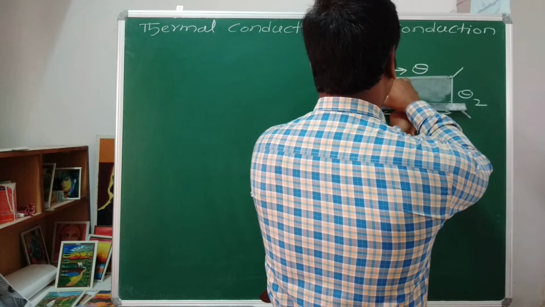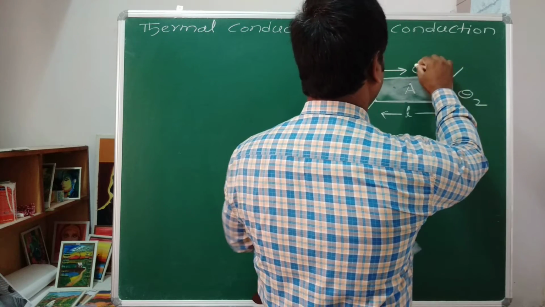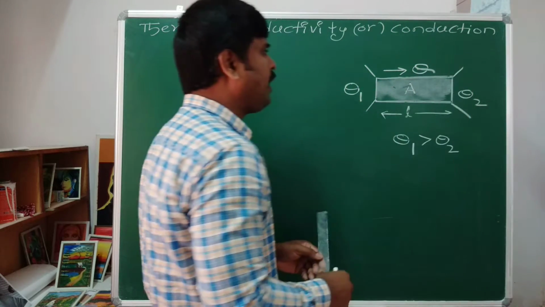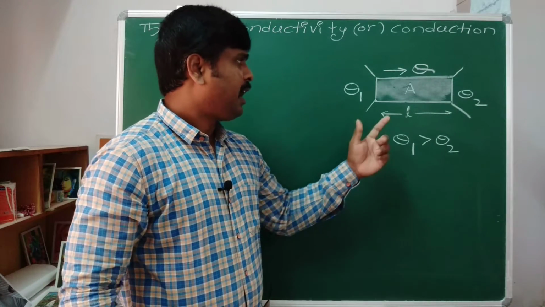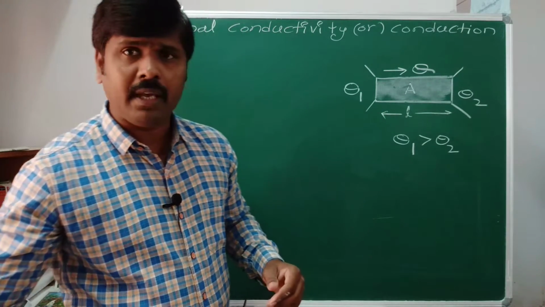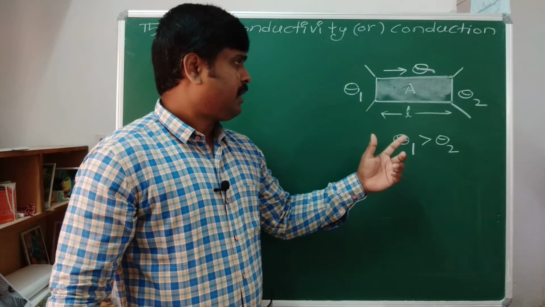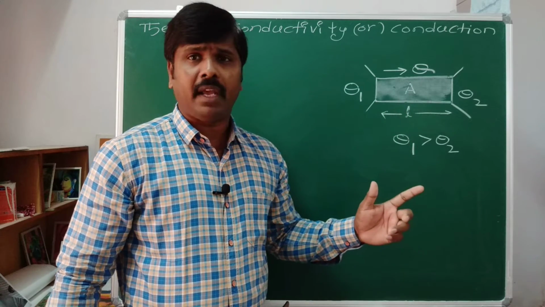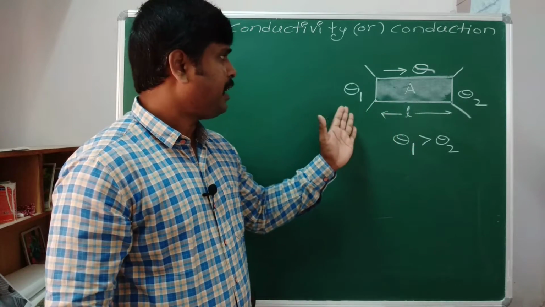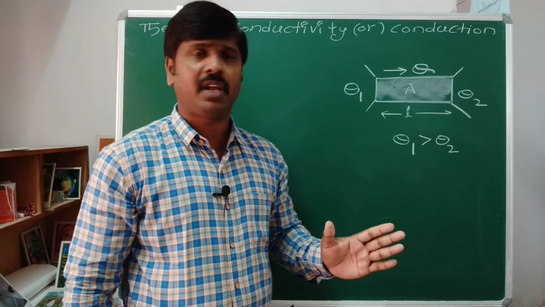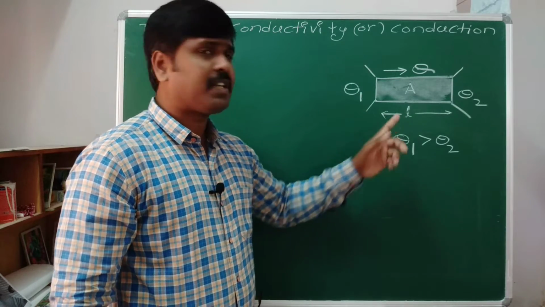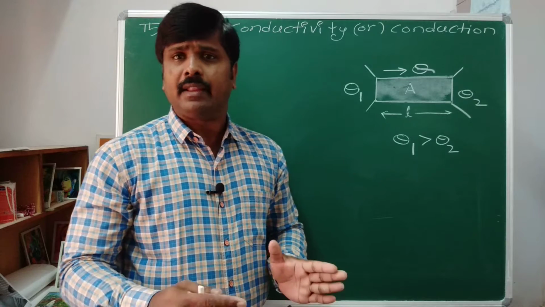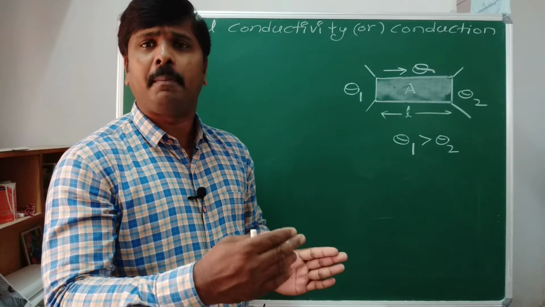The heat flow is directly proportional to the temperature difference, directly proportional to the area, and directly proportional to the time taken to transfer heat from the higher temperature area to lower temperature area. Heat flow is inversely proportional to the length. When length increases, what happens?